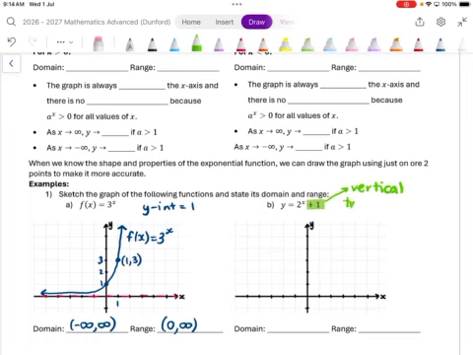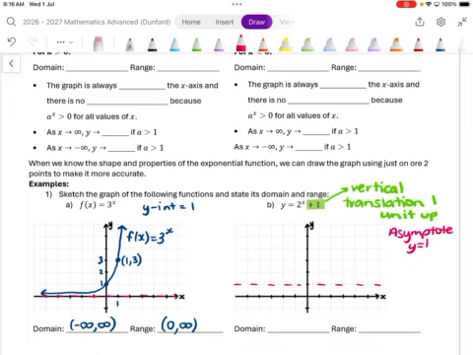So our asymptote is usually at y equals 0, but if we're moving our whole graph up, our asymptote is now going to be at y equals 1. Okay, so 1 is where our asymptote is going to be.